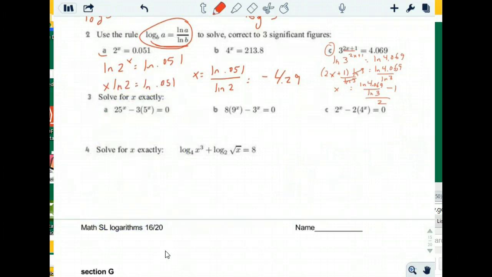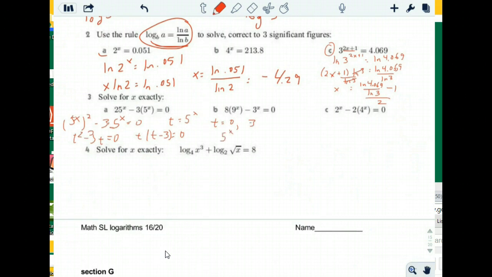So you can see that this is one of those quadratics where you need to do a u-substitution. From the looks of it, this is 5 to the 2x minus 3 times 5 to the x equals 0. So let's say that t equals 5 to the x, and then we have t squared minus 3t equals 0, which is t times t minus 3 equals 0. So the solutions are t equals 0 or t equals 3.